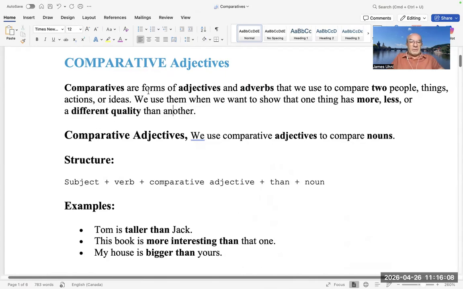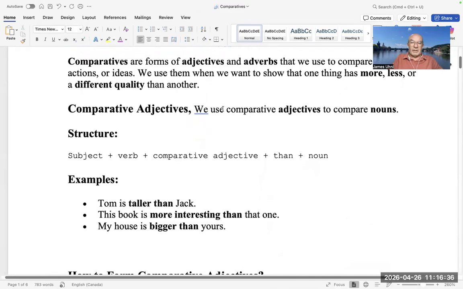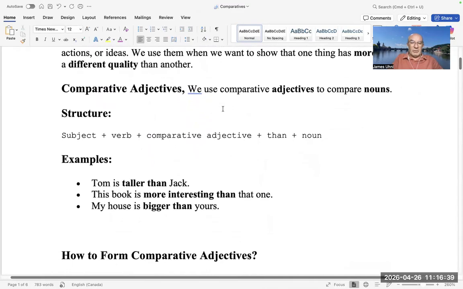Comparatives are forms of adjectives and adverbs that we use to compare two people, two things, two actions, or two ideas. We use them when we want to show that one thing has more, less, or a different quality than another. What does it mean? I will explain in few steps below here.